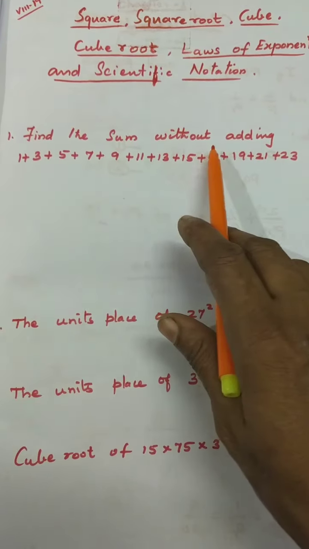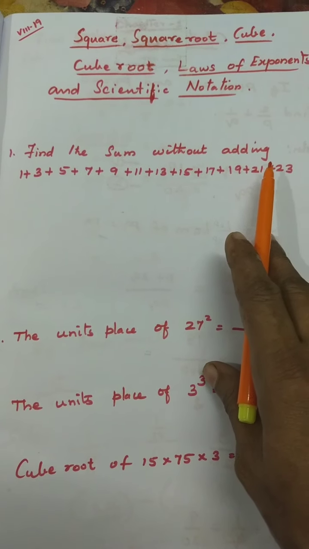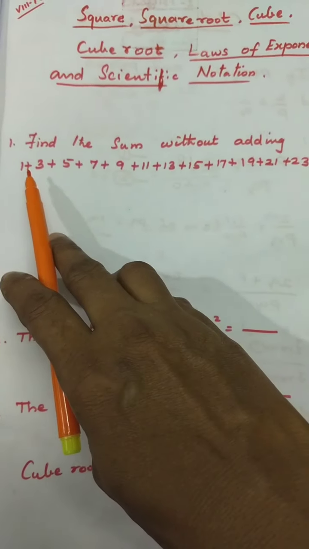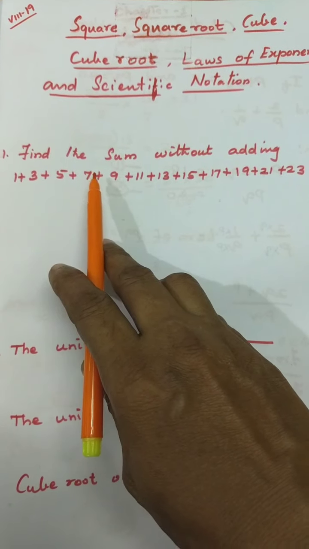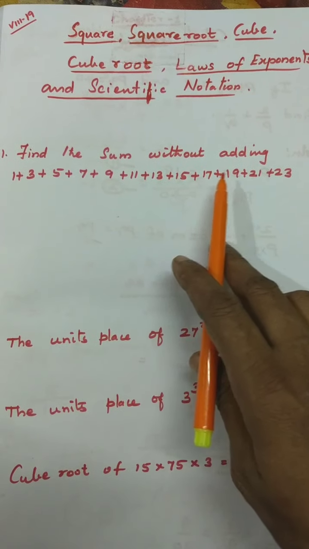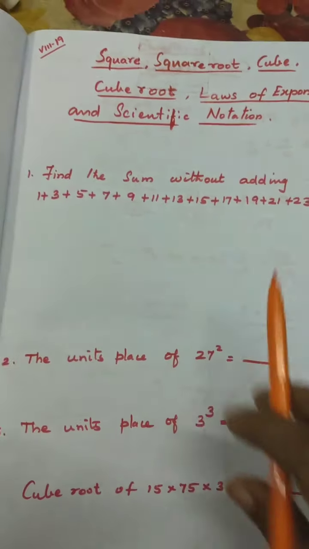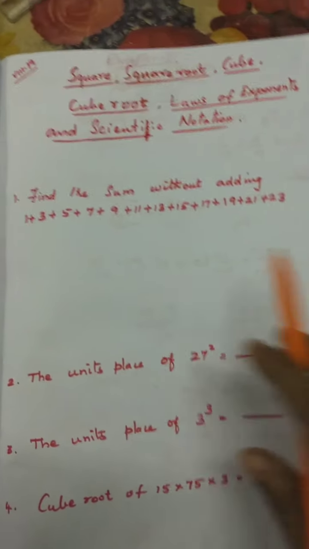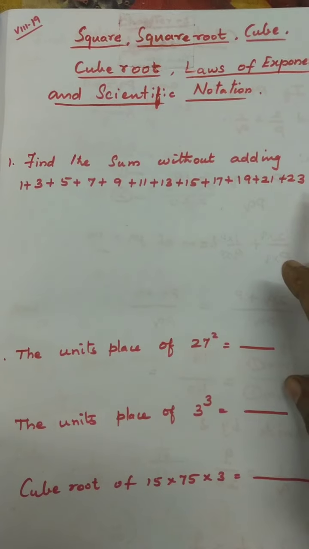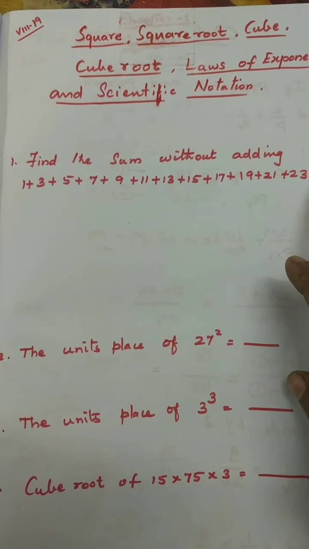Find the sum without adding. 1, 2, 3, 4, 5, 6, 7, 8, 9, 10, 11, 12. 12 numbers are here, 12 odd consecutive numbers. What is meant by odd consecutive numbers?